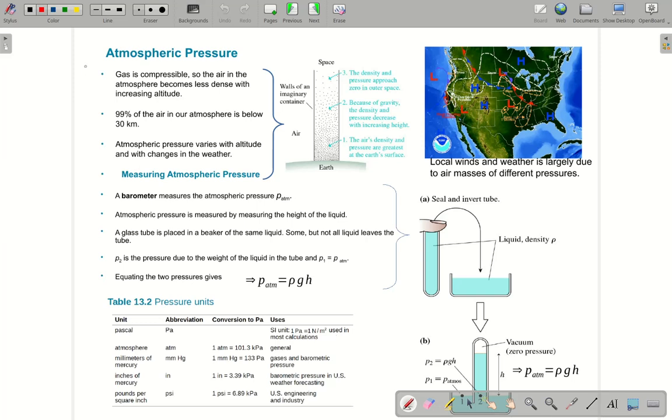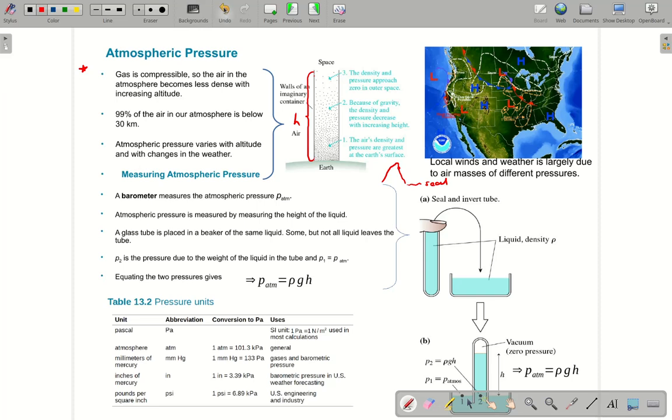This page is talking about atmospheric pressure, how we can treat the atmosphere as a fluid, and if we look at a column of atmosphere, its pressure will be related to its density and the height. The density of the air decreases as we go higher and higher, which is why we know that if we go to highly elevated mountains, atmospheric pressure is very low, and the closer to sea level, it's very high.